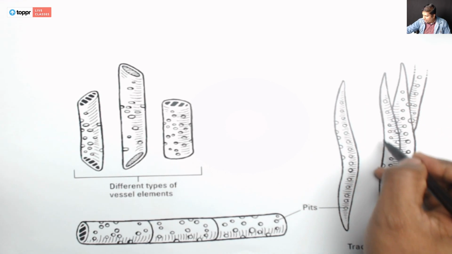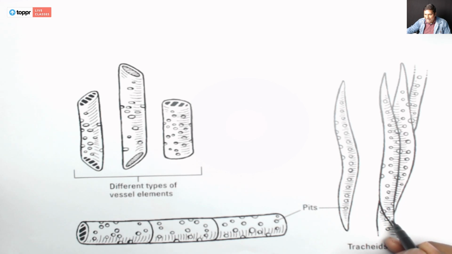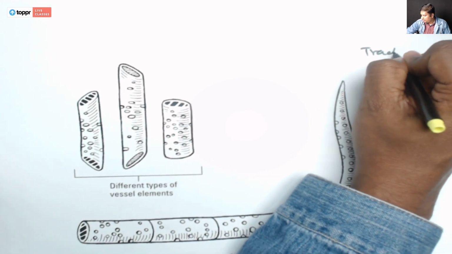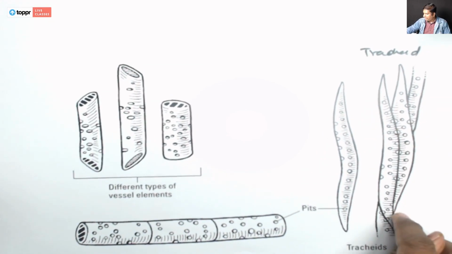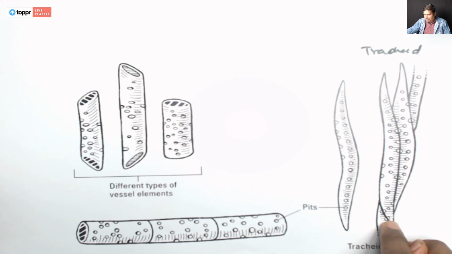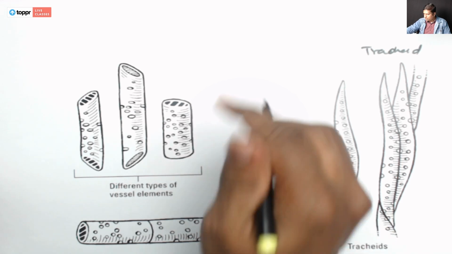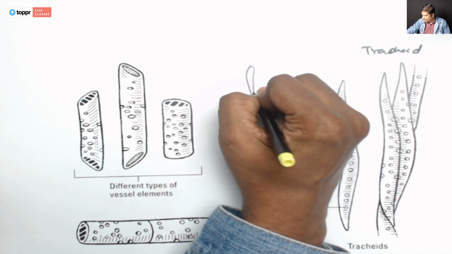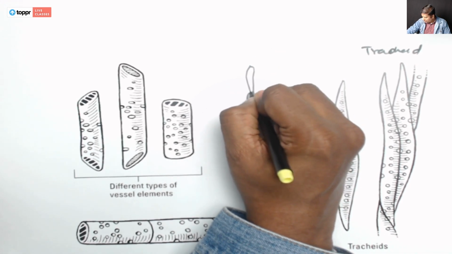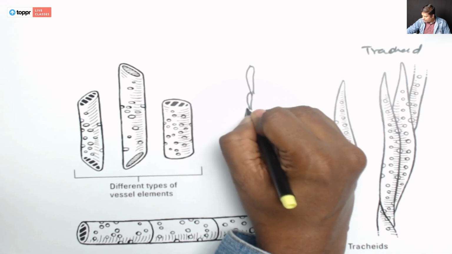So this is one complete tracheid, and it is connected towards the end also. Usually they are connected from end to end. You have one tracheid here, it will end and it is connected to the next tracheid, and the next.